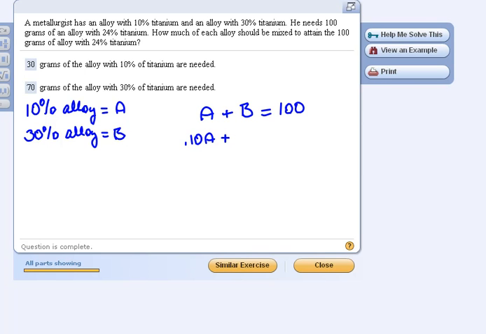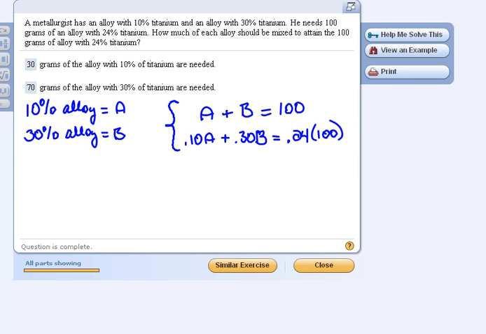We're going to add that to 30% of however many grams of the 30% alloy we have, to end up with a 24% alloy, and we do know we want 100 grams of that.